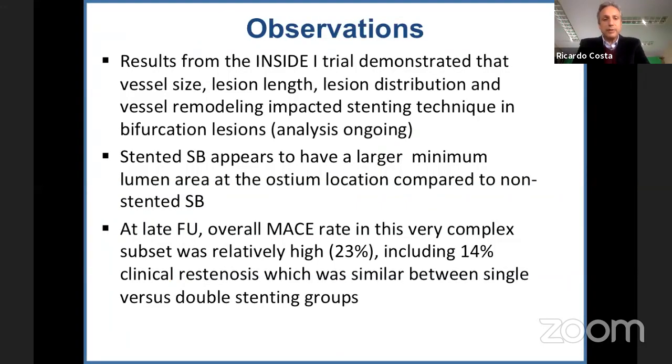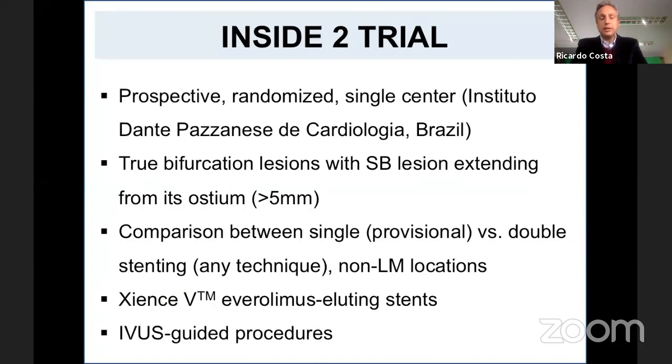So some very important observations from this registry were that stenting, a more complex approach, was related to vessel size, lesion length, and lesion distribution within the side branch. So this initial study led to a second study. These were all mechanistic studies, small but mechanistic.